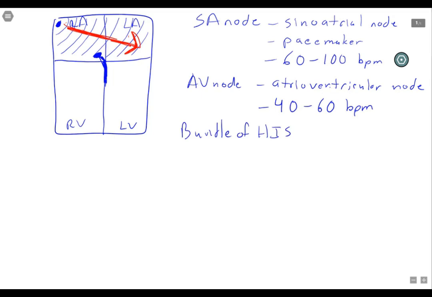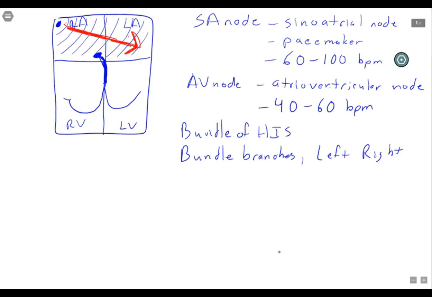This bundle is going to take that electrical activity and then branch off. So this bundle will branch, and those bundle branches will go to the left and to the right ventricle. So we have a left and a right bundle branch.